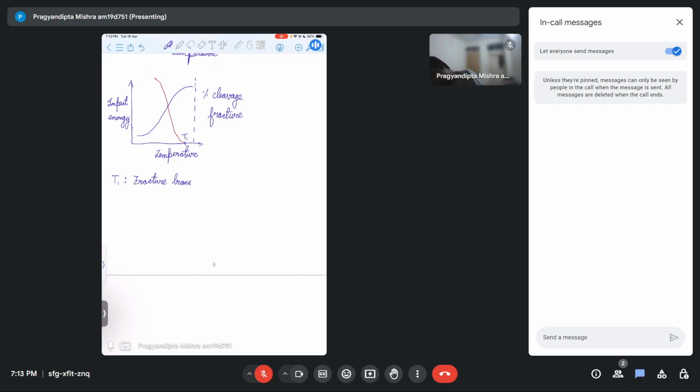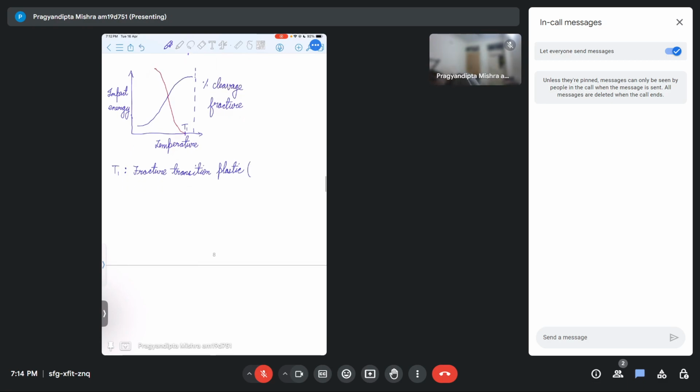You will have 50% cleavage and 50% shear. Half and half.